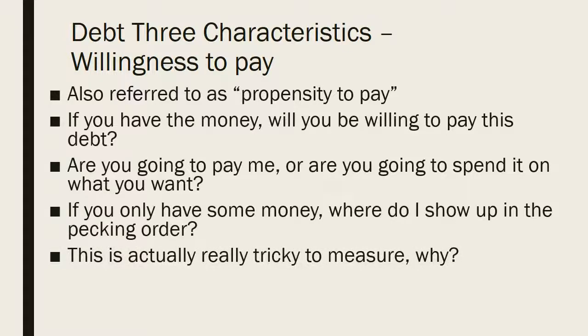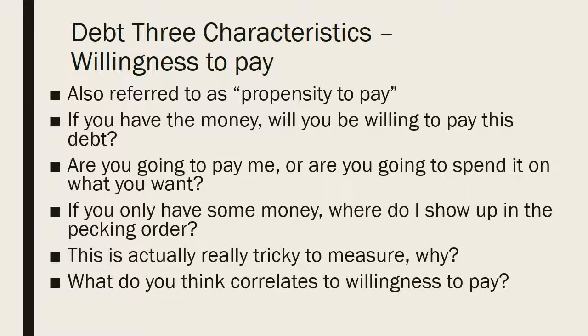And this is actually really tricky to measure. And why do you think that this might be really, really hard to measure, is willingness to pay? Well, in order to predict whether someone's going to be willing to pay you, you'd have to think, well, what correlates to somebody being willing to pay?